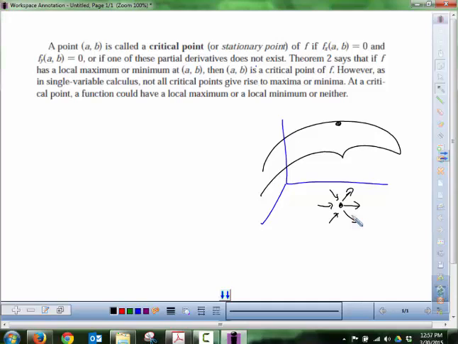So we have to rely on what's called the second derivative test, which is an extension of the second derivative test back in Calc 1, and rely on the second derivative. If your function takes a two-dimensional input and outputs a scalar, this is a multivariable function, and our second derivative is a little tricky, right?